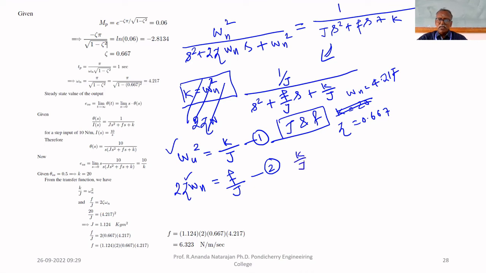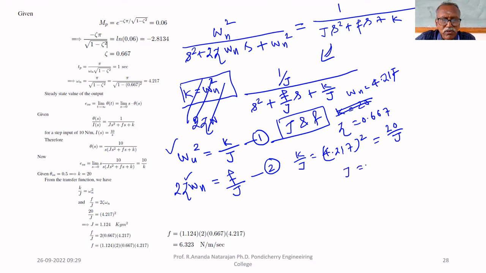k by J equals omega n square, that is 4.217 whole square, that is equal to 20 by J, because k we know is 20.